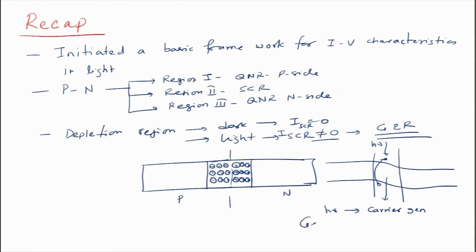Generation will always be accompanied with recombination, right. So, while generation will increase n and p, recombination will decrease n and p, and the combination of these two will give you net current. Okay. So, now depletion region produces current, and we will have to see how much current it produces.